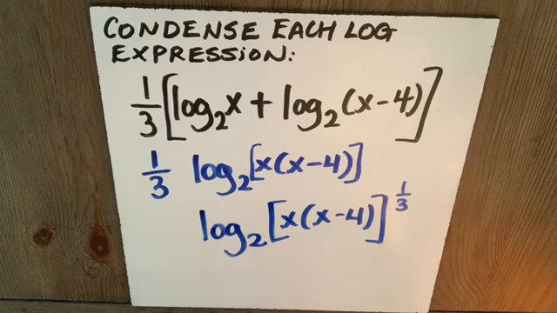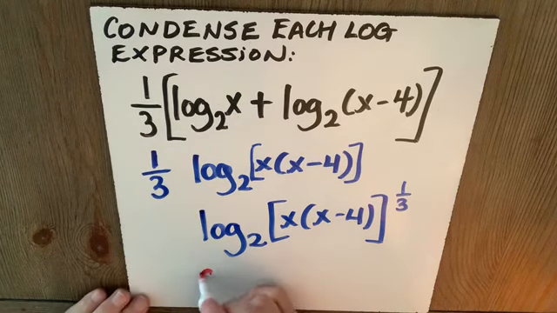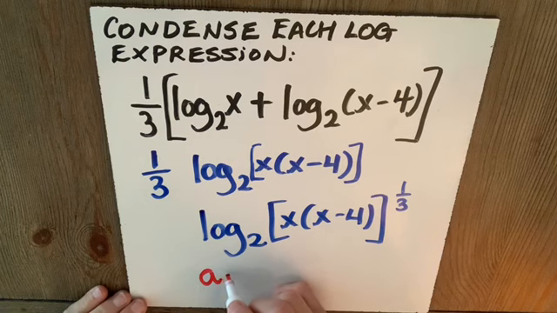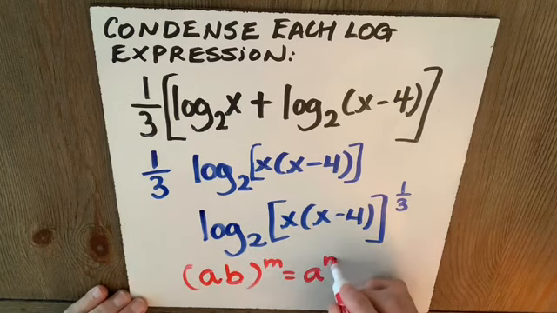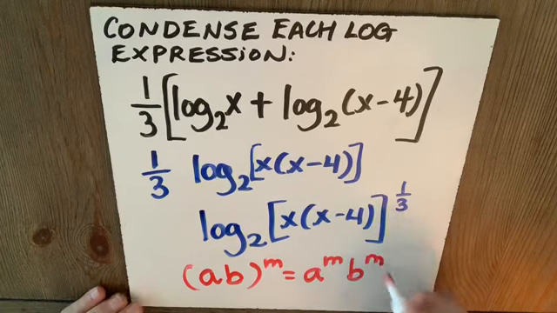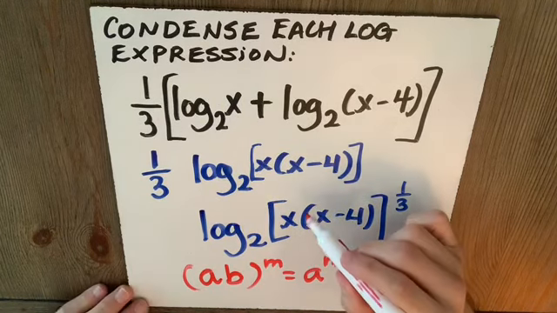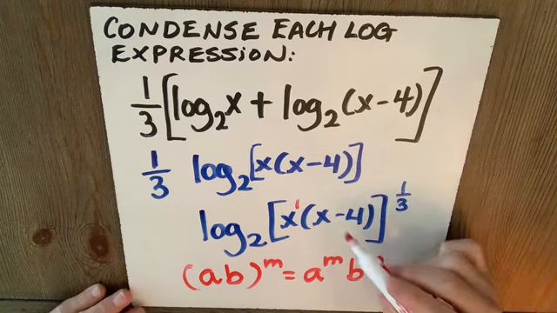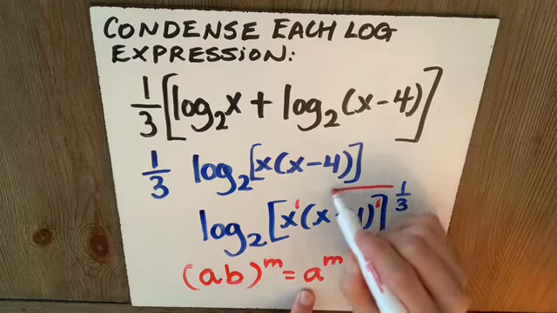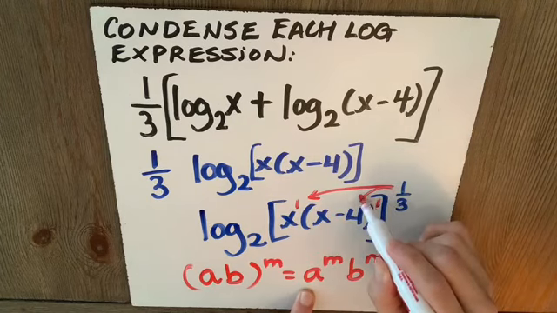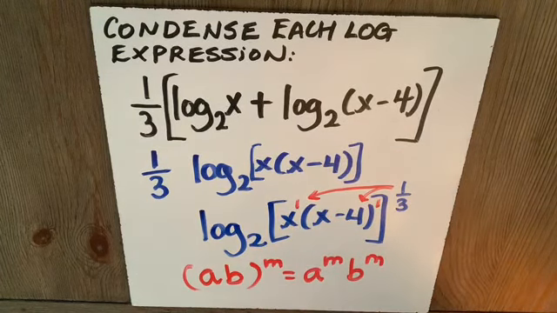You know from your study of algebra that if you have a times b to the m, you get a to the m times b to the m. Now, this is x to the first and x minus 4 to the first. Using this rule, my 1/3 will go to each of them.